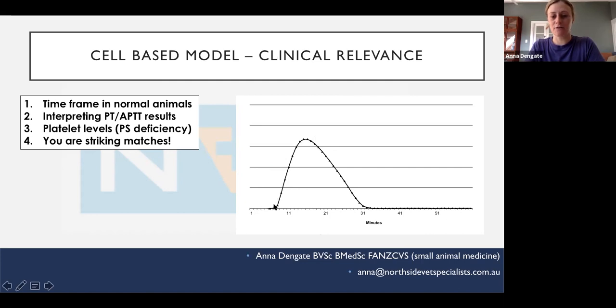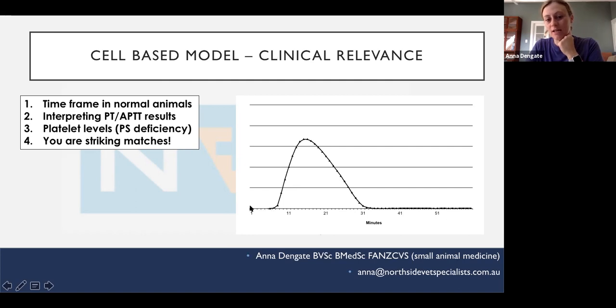And then as the light getting through drops off, it goes up to a maximum point. And then as the clot breaks down and more light gets through again, we go back down to 0. So if you look at the time frames here, we start at 0 minutes, and this is our initiation. So I've initiated clotting at 0 minutes. From 0 to around about 6 or 7 in normal dogs is the amplification phase.